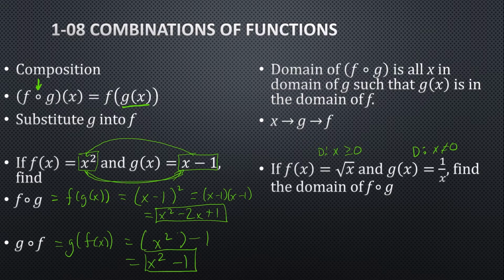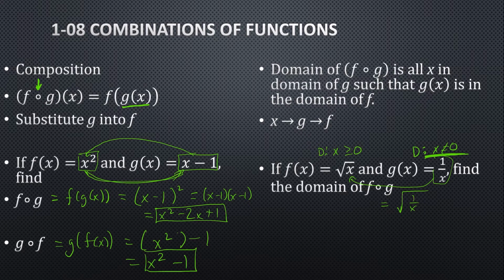Okay. Now, the g is going into the f. So if we were to compose this, the g is going to go into the f, so it would be the square root of 1 over x. Well, we already know it can't be 0, because you can't divide by 0.